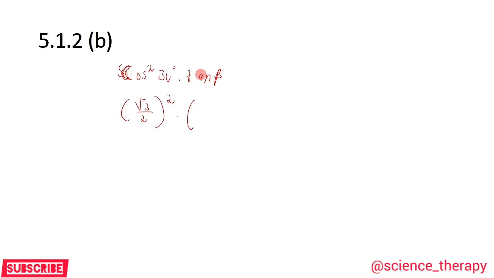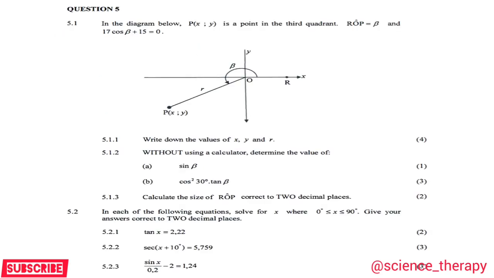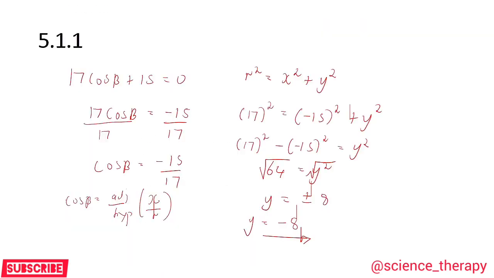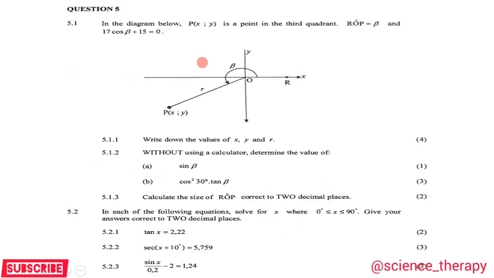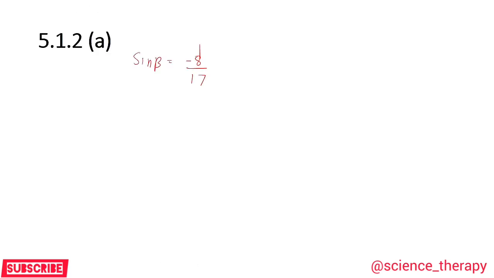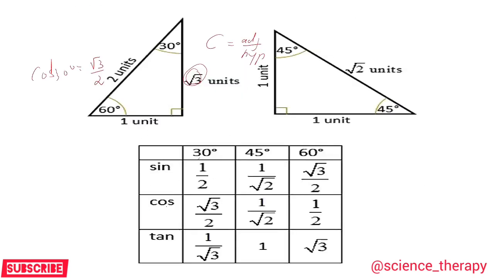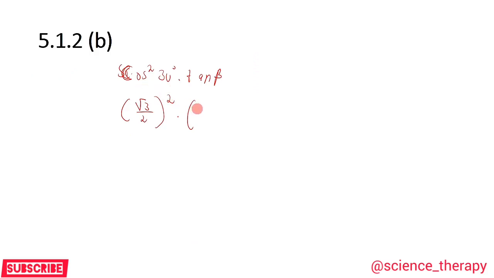So we go back to the diagram. From the diagram here, we can see that our tan beta is negative 8 over negative 15.